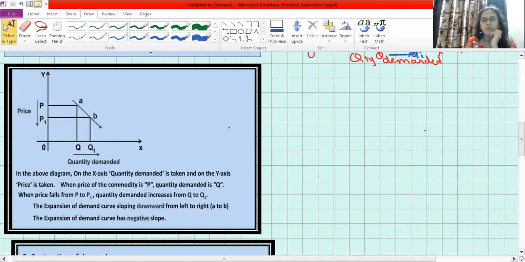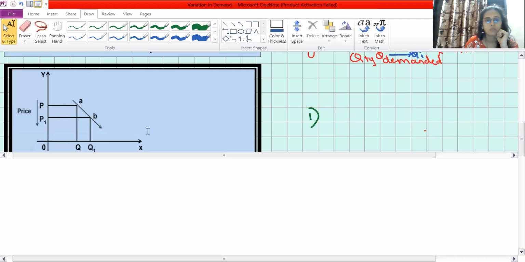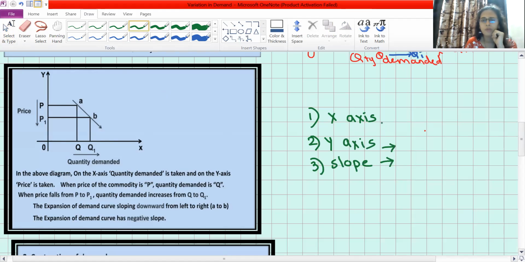See, I always tell you the way you explain the diagram. What we do, we write what the x-axis indicates, what the y-axis indicates, and the slope of the demand curve or supply curve. Whenever a diagram comes, always remember this; it will be easy for you to explain. X-axis indicates quantity demanded, y-axis indicates price in rupees.